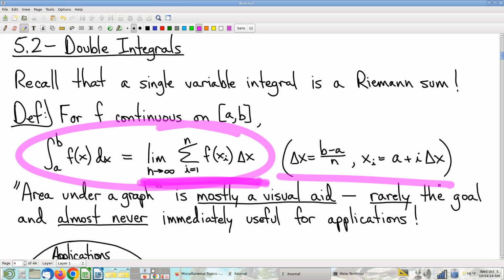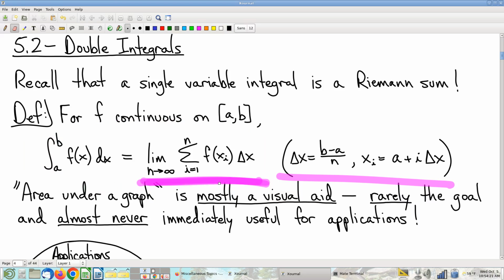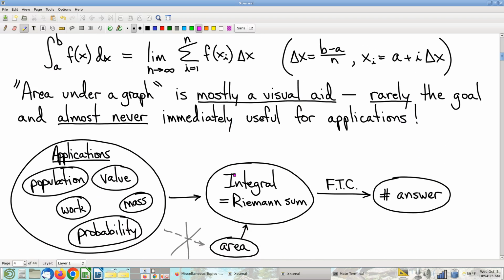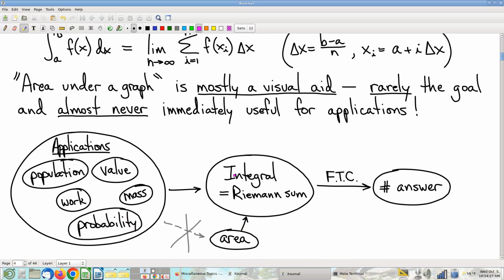The purpose of a Riemann sum is not to compute integrals. The purpose of a Riemann sum is to define integrals and to allow us to connect integrals to other things. So in particular, if you want to compute a mass of something, a lot of high schools would say, we want to think of mass as being an area, and then we'll compute the area as an integral with the fundamental theorem of calculus.